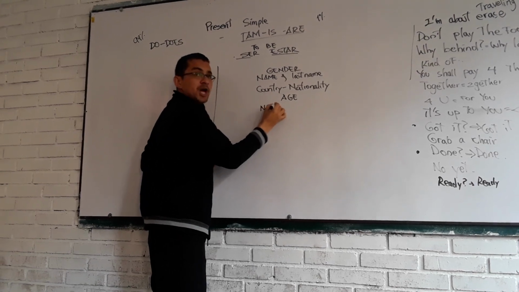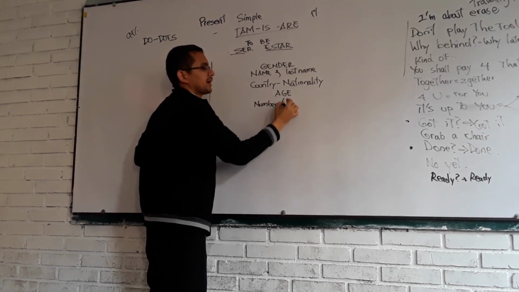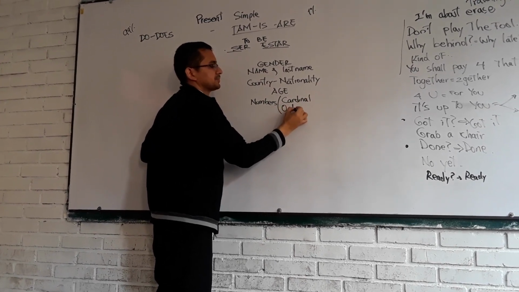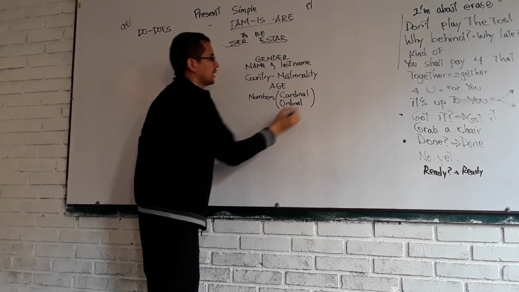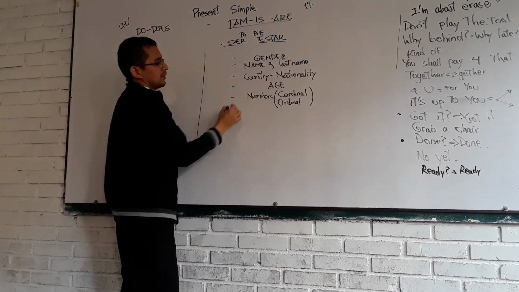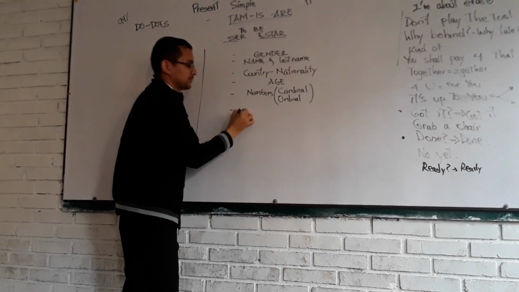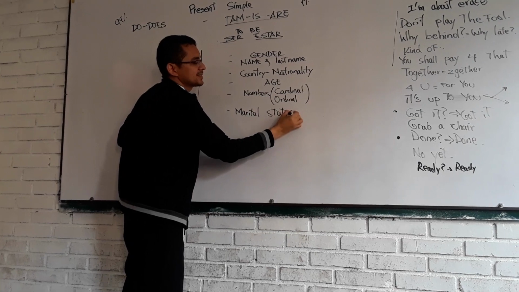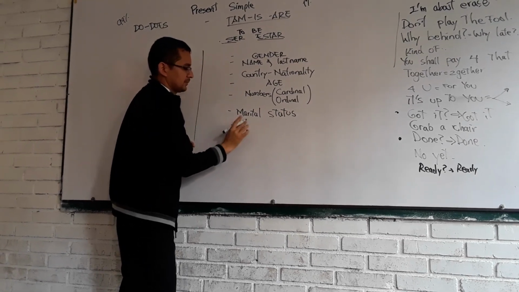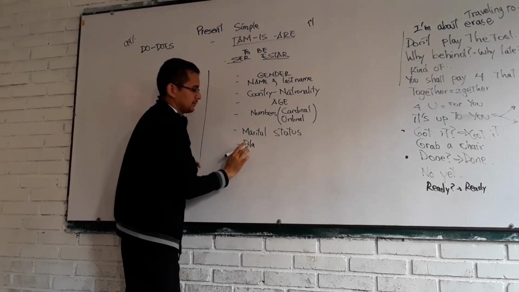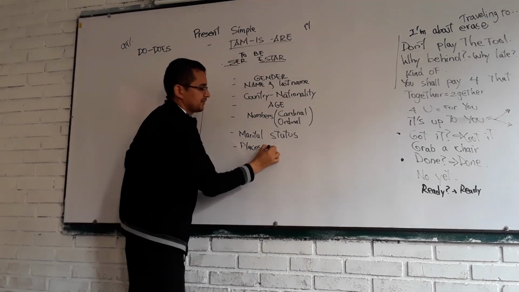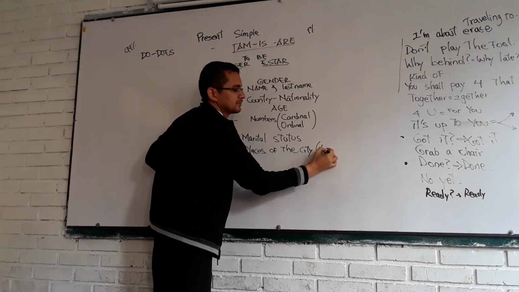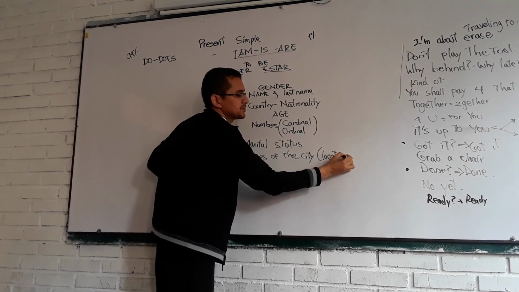We tend to talk about numbers. When we talk about numbers, remember there are cardinal numbers and there are ordinal numbers. We tend to speak about marital status, places of the city, it means location, okay? Even it could include locations.